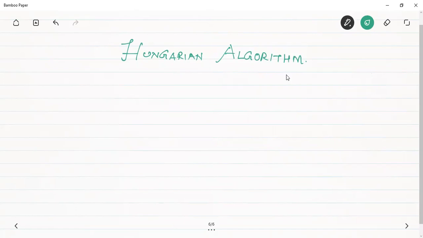And there is an algorithm which is known as the Hungarian algorithm. So what does it say?